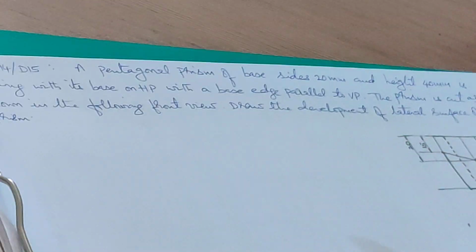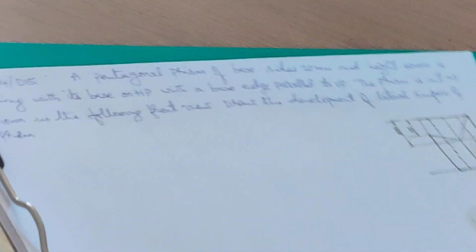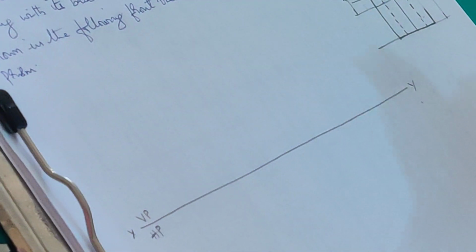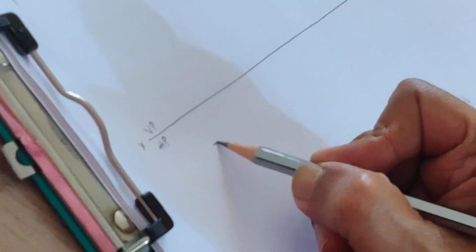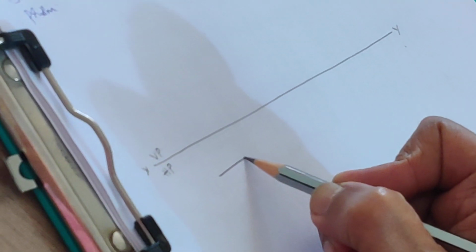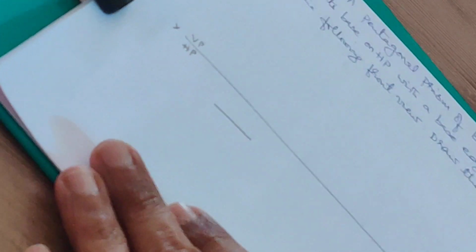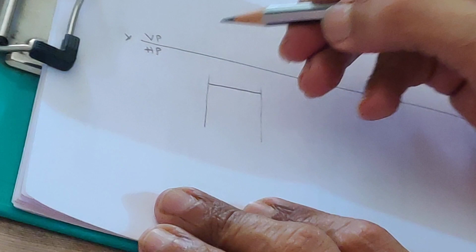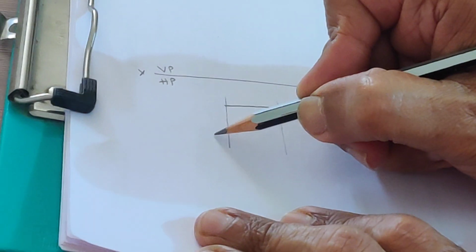Let us start by drawing the orthographic projections first. This is my XY line, VP and HP. I'll draw the pentagon just now I have shown with the base edge parallel to XY line and nearer to it. This has to be 20 mm side. Now complete the pentagon.